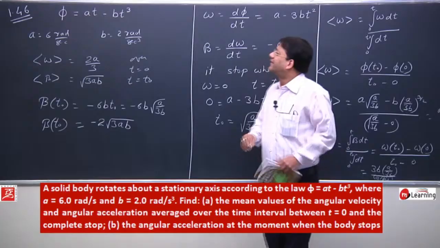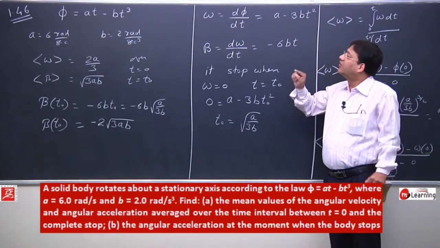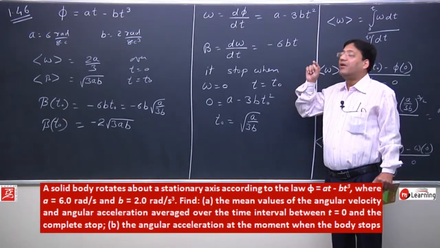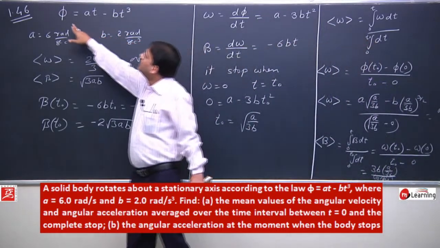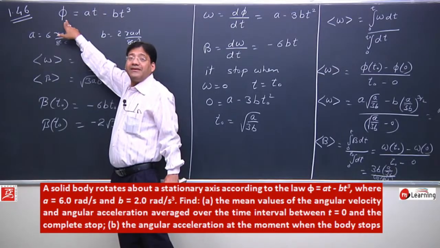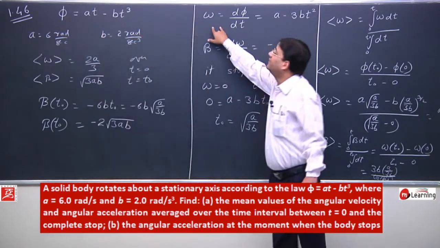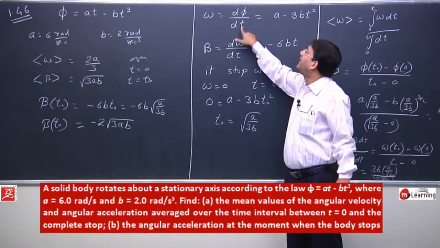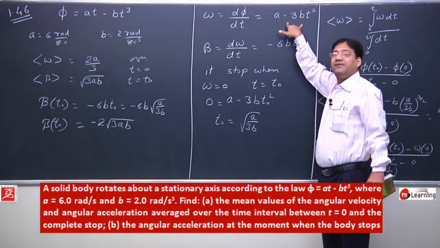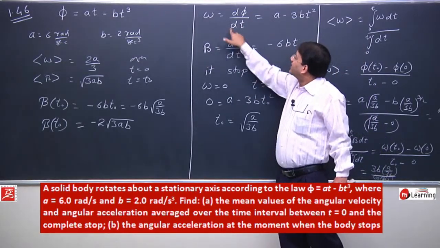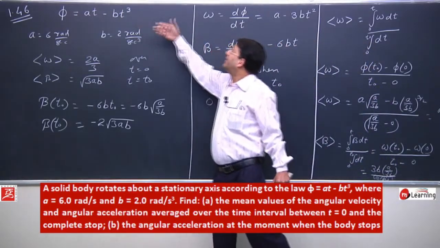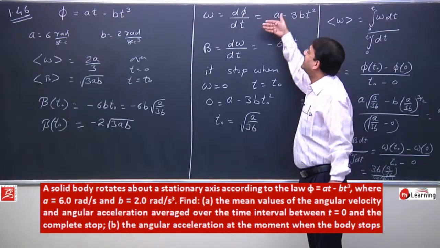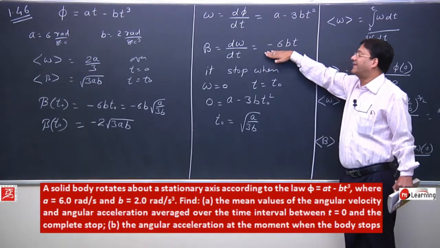It simply involves the definition of angular velocity, angular acceleration and the condition when it stops. Angular displacement is given by this function. Angular velocity is d by dt of angular displacement. Angular acceleration is d by dt of angular velocity. I differentiated this function to get angular velocity, and I differentiated this function to get angular acceleration.